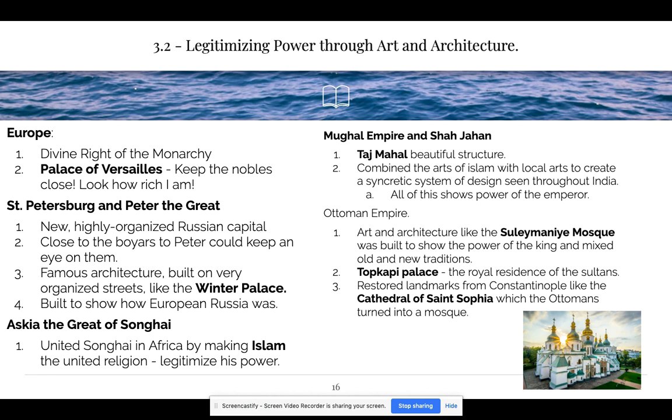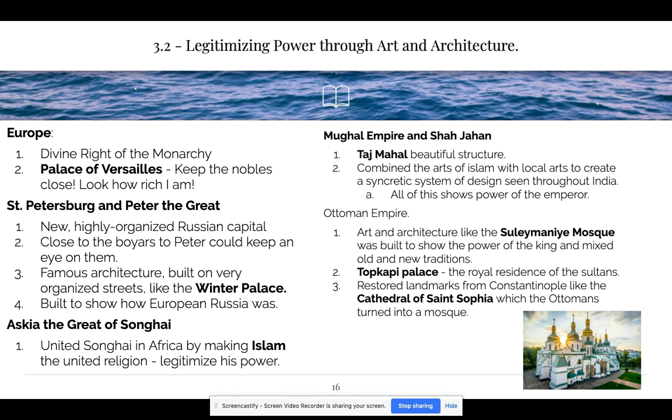Now let's talk about Songhai, which is in Africa. It was united by making Islam the united religion. We see the same thing in the Safavid Empire with the use of Shia Islam. In the Mughal Empire, we see the building of massive structures like the Taj Mahal. This is significant, and I would write this down.